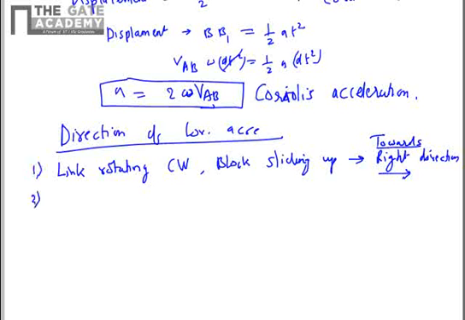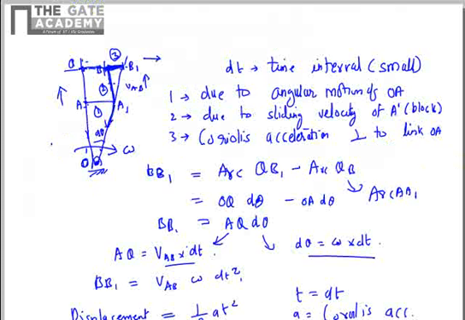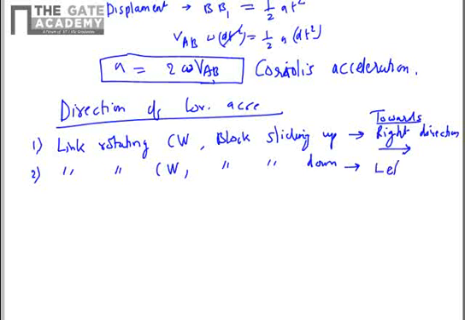So this is the first case. The second case, when link rotates clockwise and block slides down. So the block is coming down in this case. So the final step of journey will be in this direction, left direction. So towards left is the direction of Coriolis acceleration.